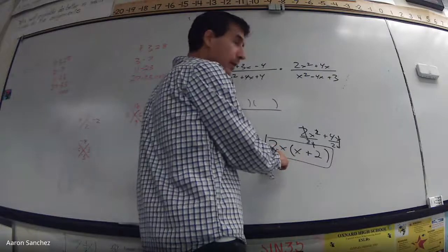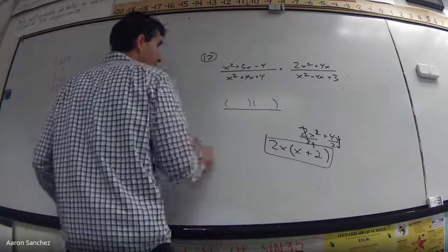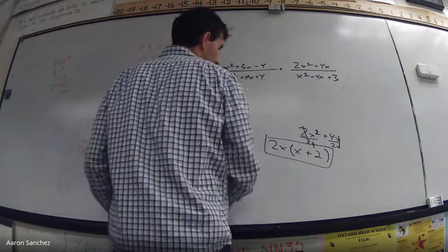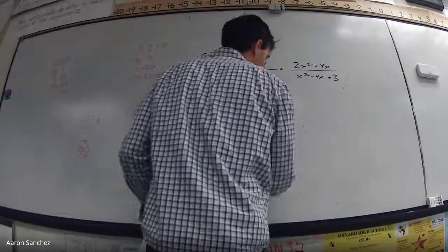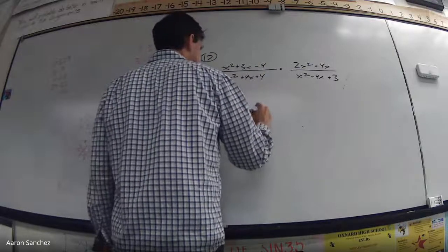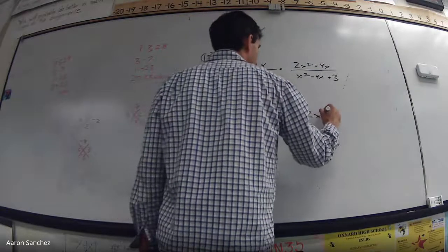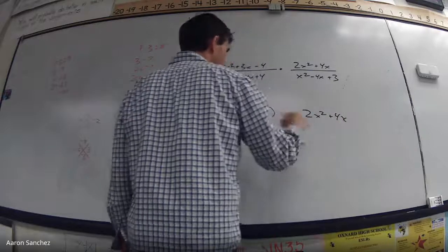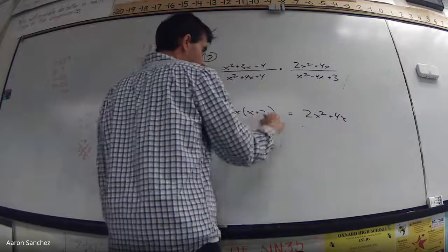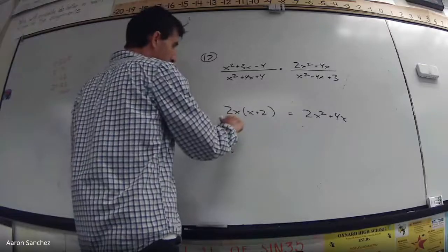So, look what I have here. And these are equal. Do you know that? You know that these are equal? I think so. Do you know how to multiply this times this?